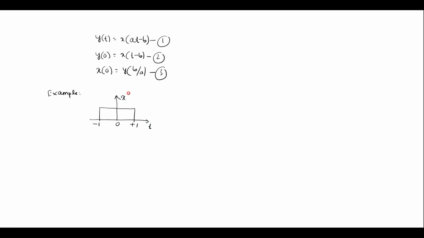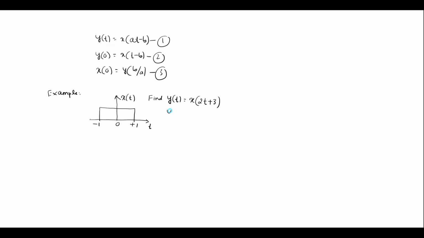Now we'll consider one example. Let this be the x of t signal. Find y of t which is equal to x of 2t plus 3. So now the equation 1 says that y of t is equal to x of at minus b.